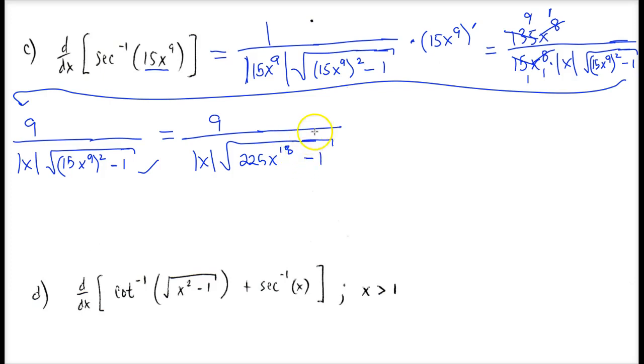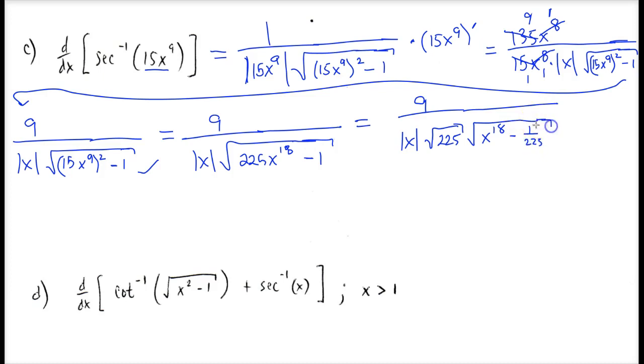The only other thing I could think of, and this is just getting kind of fancy here, is that we could factor out a factor of 225. If we did that, then this would be square root of 225. And what would be left under here is x raised to the 18 minus 1 over 225, like that.